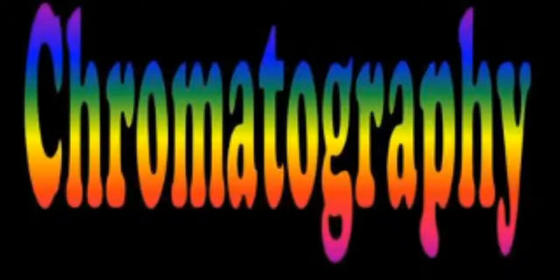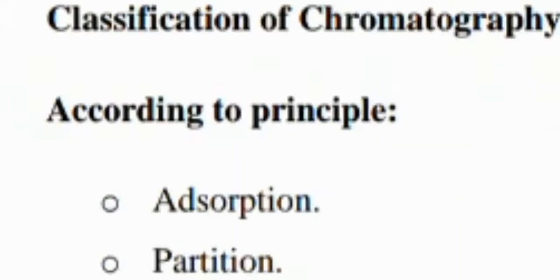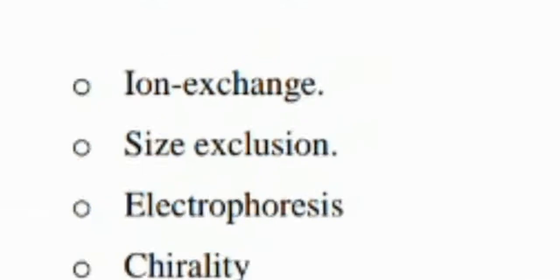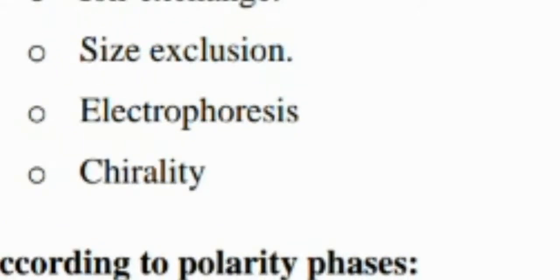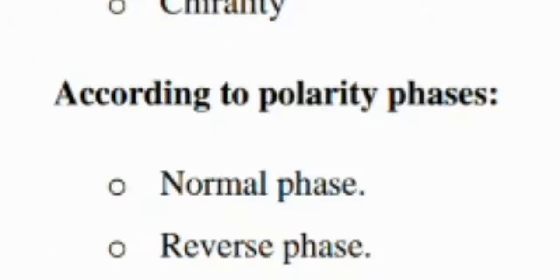And further, our today's topic is the classification of chromatography, and its classification is based, first, on the principle, which includes adsorption, partition, ion exchange, size exclusion, electrophoresis, and chirality. Second is according to the polarity of phases, which includes normal phase and reverse phase.